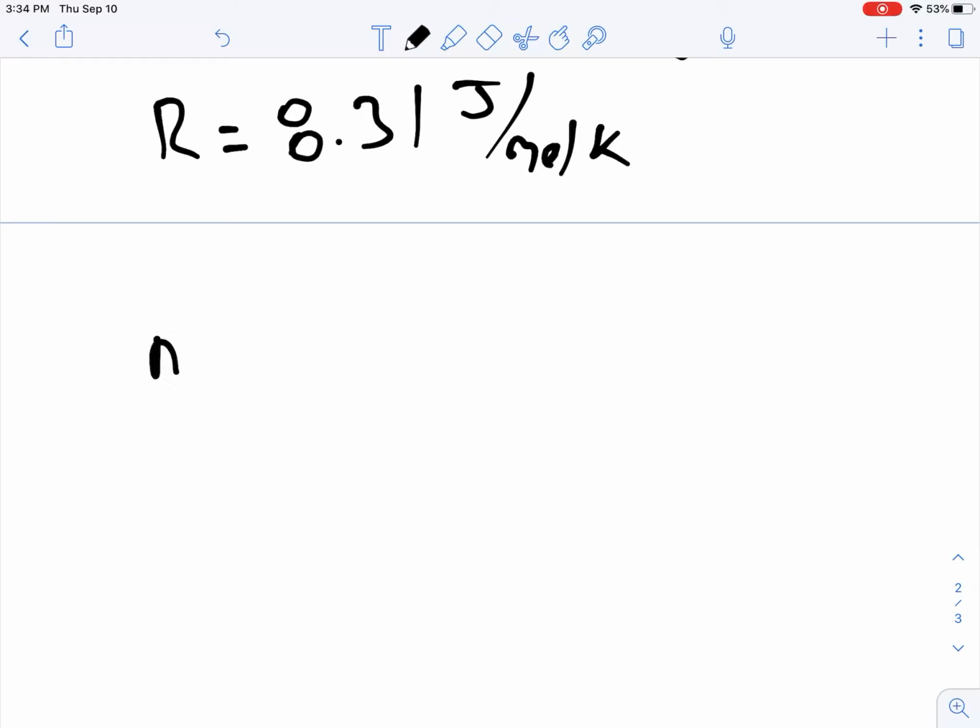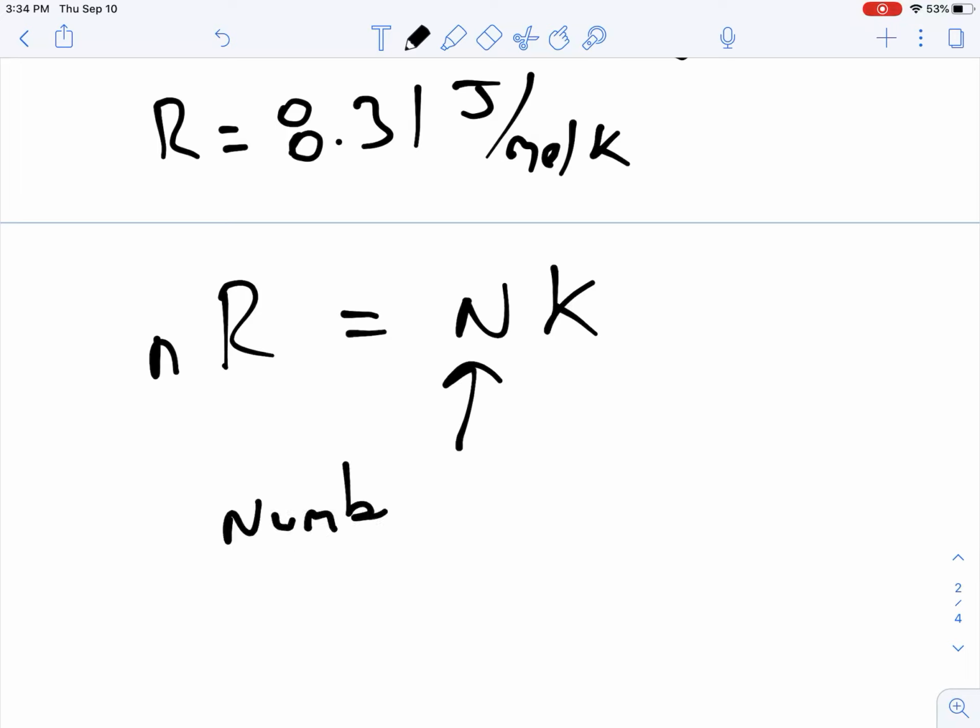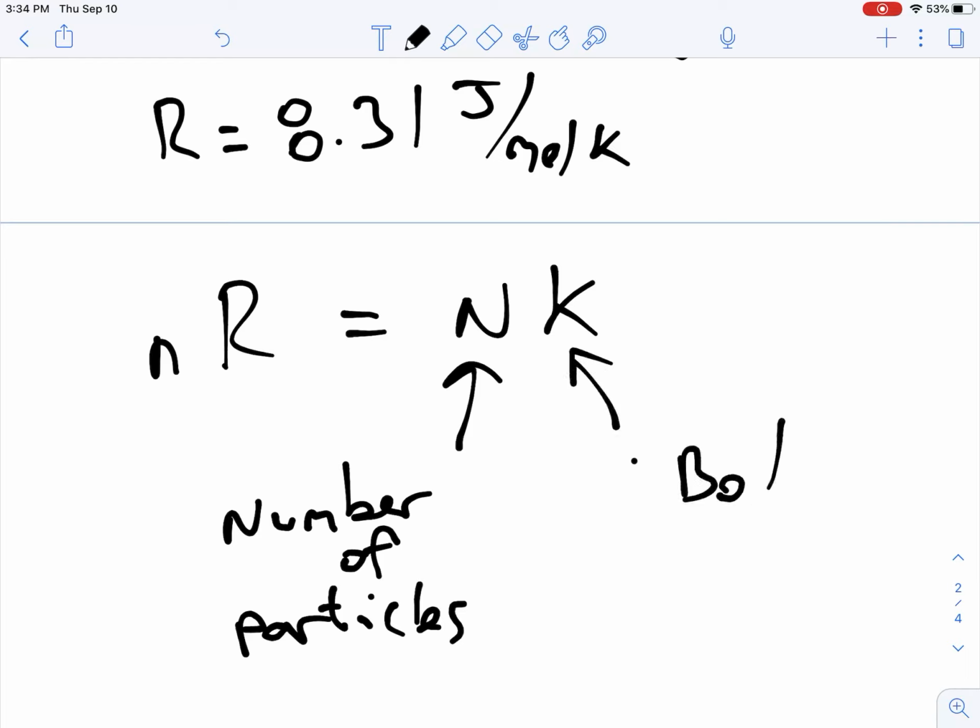So, as it turns out, the constant nR can also be called capital NK, where capital N is now the number of particles, so not moles, and K is called the Boltzmann constant.